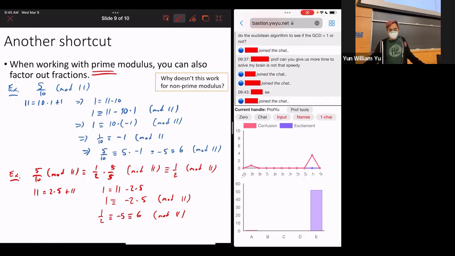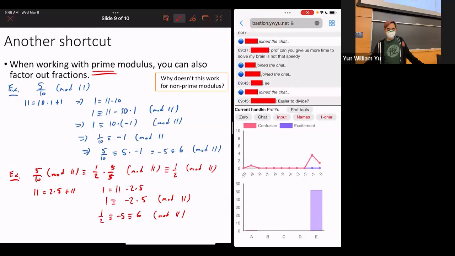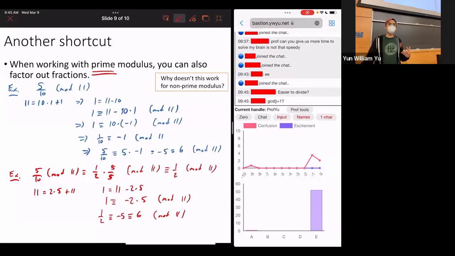Something to do with division, maybe? Yes, it is easier to divide. But what do we mean by it's easier to divide in the prime modulus? Yeah, so the GCD is always equal to 1, right? So in the prime modulus, you can divide by anything except for 0.